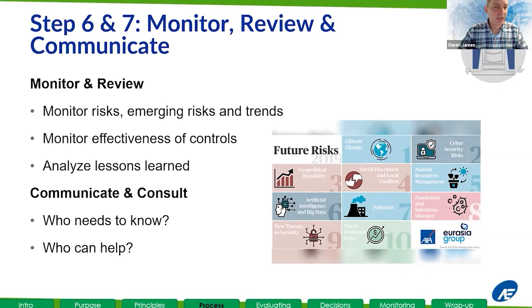Communicating, who do we need to tell? Who can help us? It's like a communication and consultation piece combined. Do you need to update your climate change projections? I know there was a comment in the previous chat window around, we say that some weather event is going to have a 1 in 100-year return period.